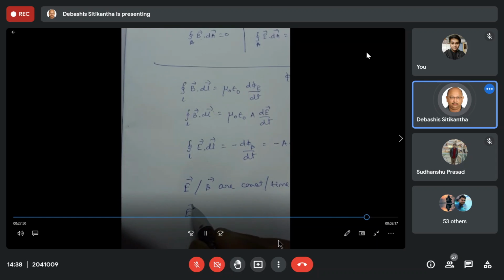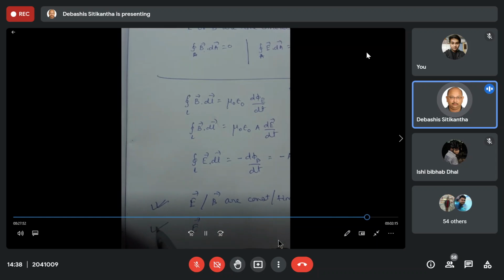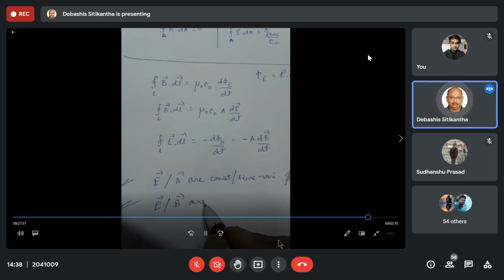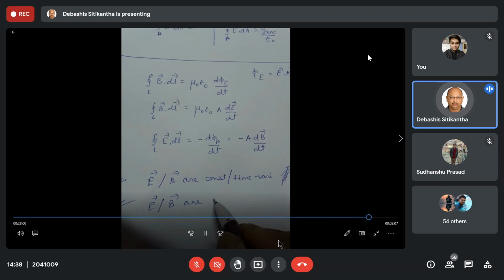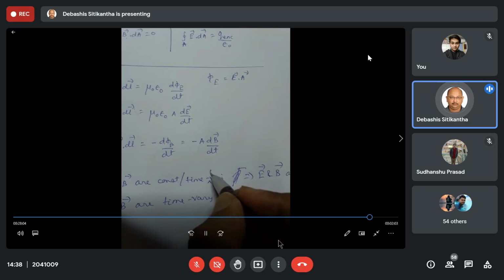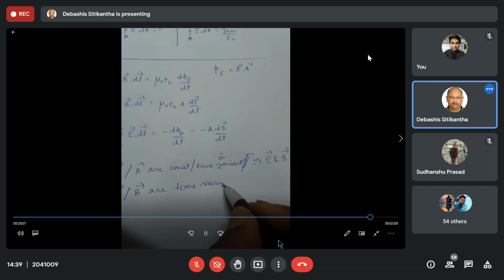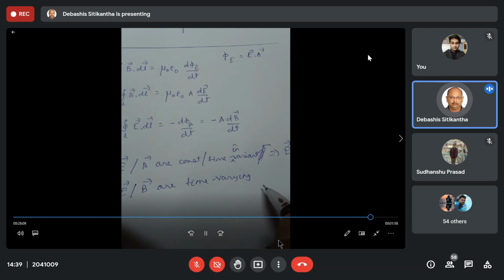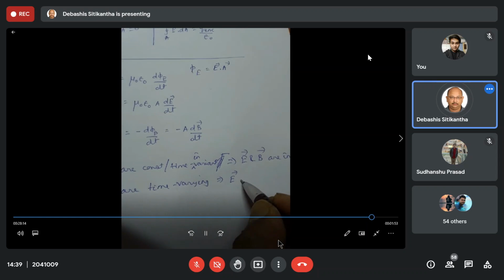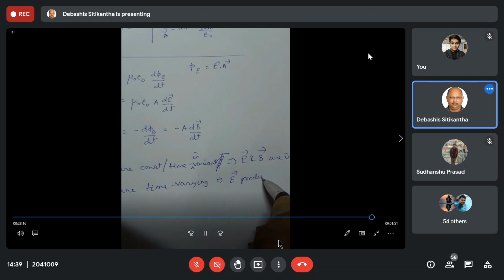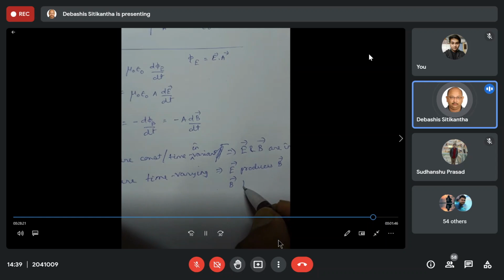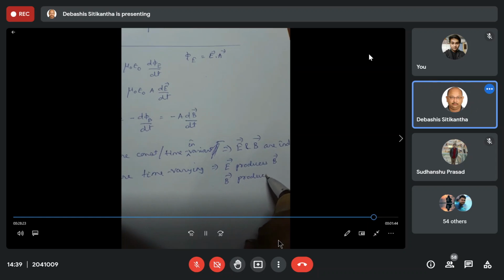But, very important things I am telling, please be careful: if E vector and B vector are time varying, time varying E vector produces B vector, and time varying B vector produces E vector.